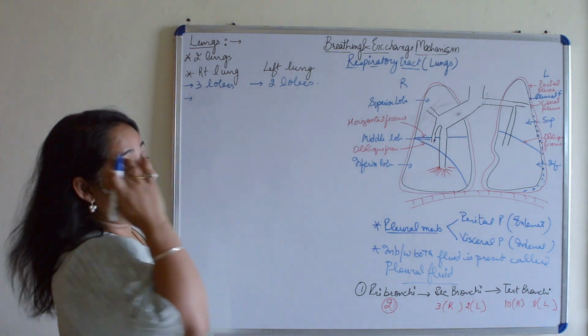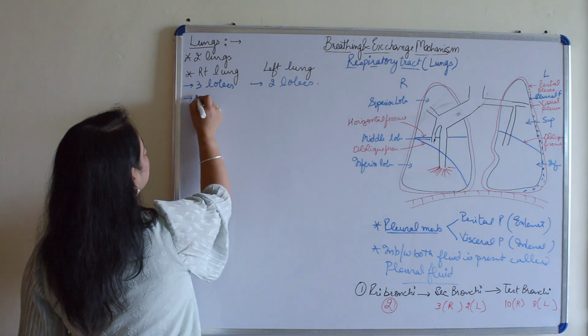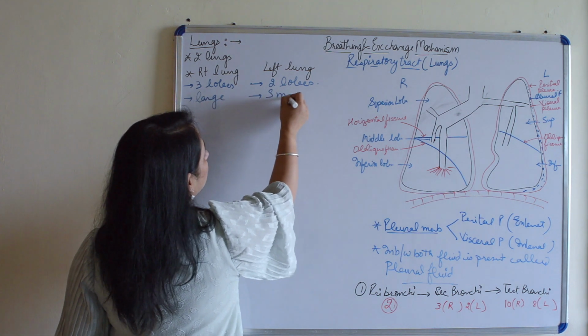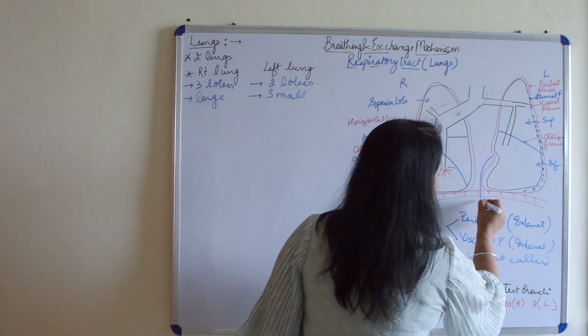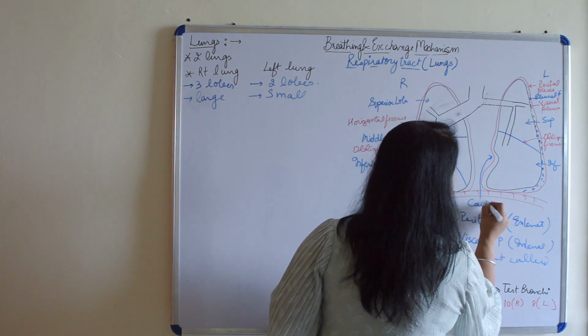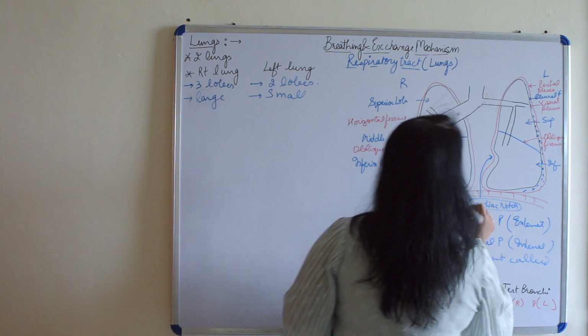Then weight, very very important. Achha, one more thing. Right lung is large and left is small as compared to the right lung. Plus the left lung has this, that is cardiac notch, wherein the heart adjusts.